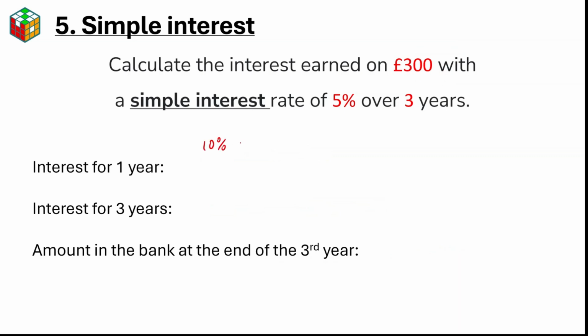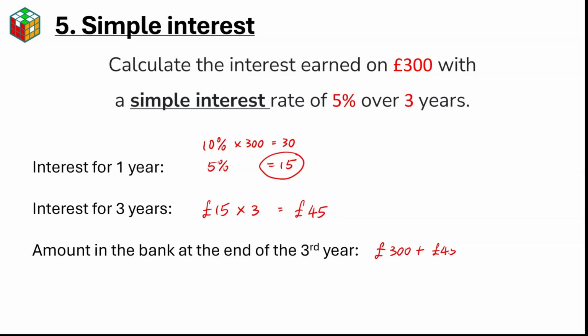So 10% of £300 is 30. 5% is half of 30, which means they give me £15 per year. £15 for the first year, the second year, and the third year, so I times it by 3. In total, I will have £45 earned as interest. The amount at the bank at the end will be 300 plus the interest that I've earned, 345. That is the answer. Did you get it right?